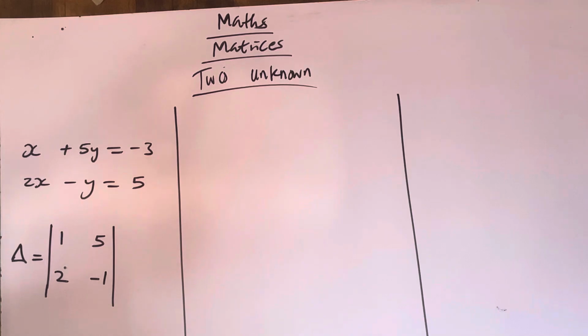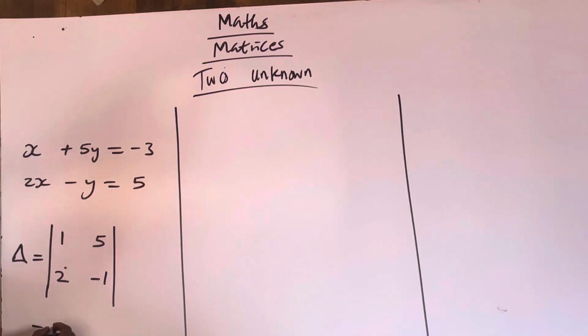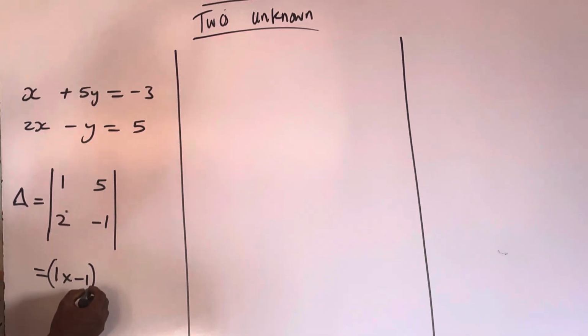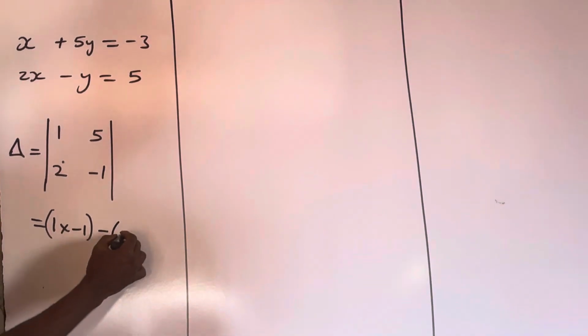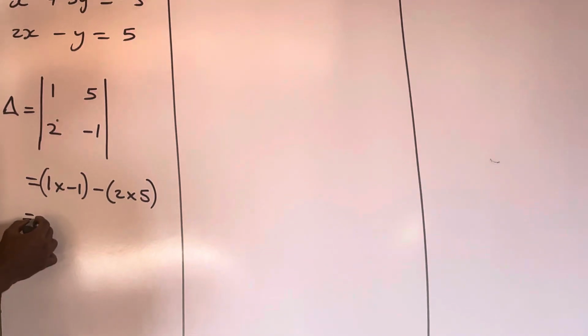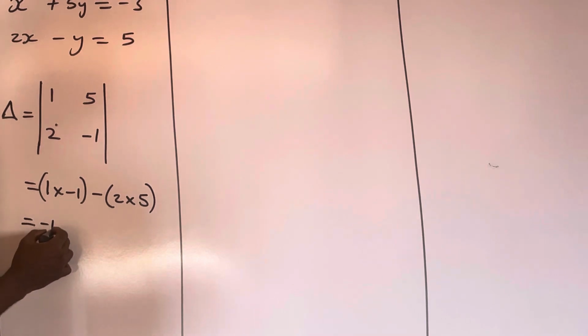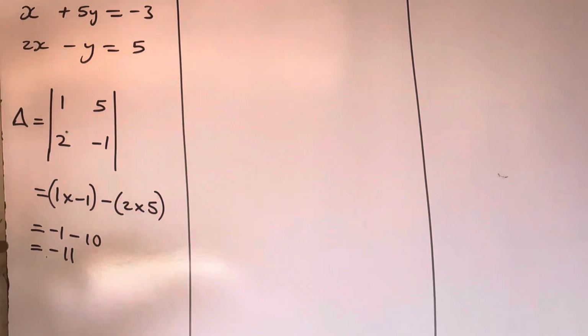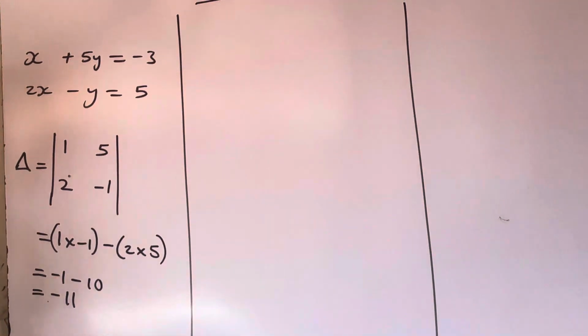Did you understand? So this means 1 times minus 1, minus bracket 2 times 5. This equals 1 times minus 1, which is minus 1, then 2 times 5 gives us 10, that is minus 10. So minus 1 minus 10 gives us minus 11. Is that correct?